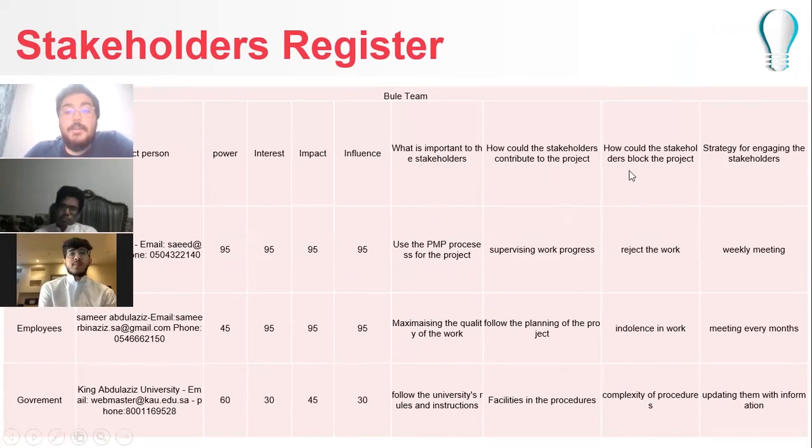The third question, how could the stakeholders block the project? For example, the employees may delay the work, or the government through the complexity of procedures. The last question is the strategy for engaging the stakeholders. For example, a weekly meeting for the owner, and for the government, updating them with information, of course.